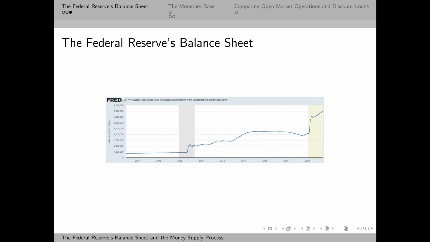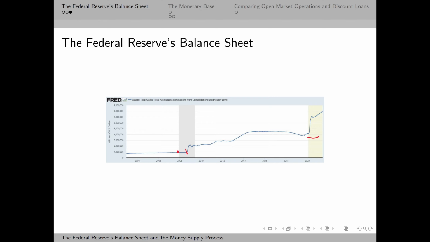Now, let's look at the balance sheet in a different lens. Instead of looking at one cross section, we're going to look at it over time. And you can see that it was pretty stable up until the financial crisis. And then you can really see when TARP was introduced, you had a huge surge in the balance sheet and assets, and then that just kind of slowly declined or increased all the way up to about 2014 when finally the assets that the Federal Reserve held stabilized, went down a little bit, and then we have everything that happened with COVID-19.